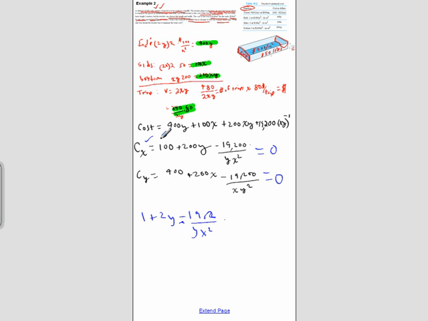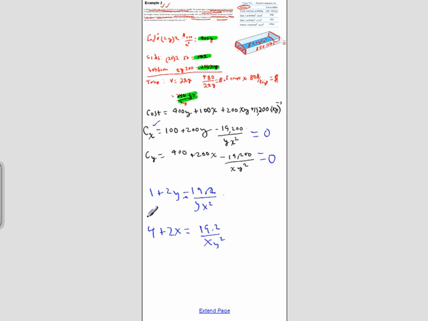That's this equation here. And then 4 plus 2x equals 19.2 over xy squared. Well, this looks pretty challenging to solve. But if we just divide both of these equations, we'll get 1 plus 2y over 2 plus x equals xy squared over yx squared.